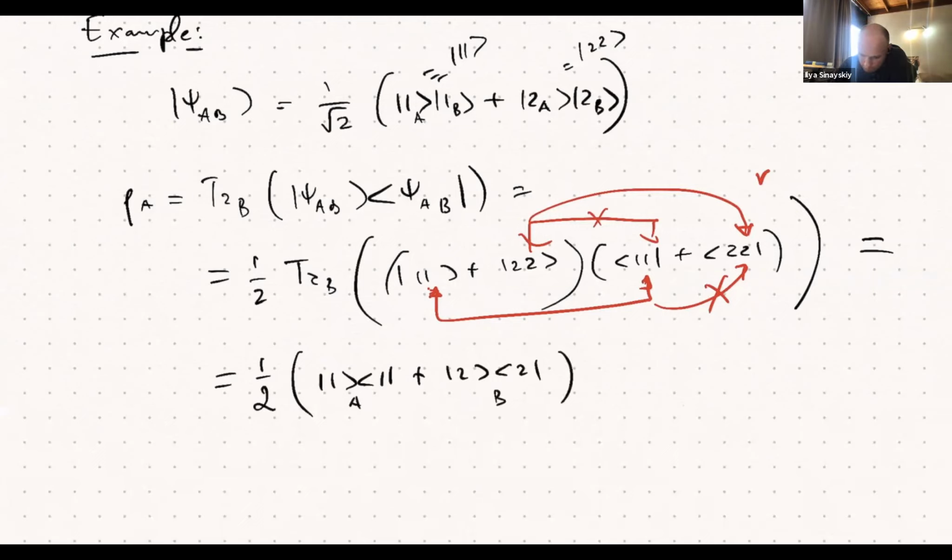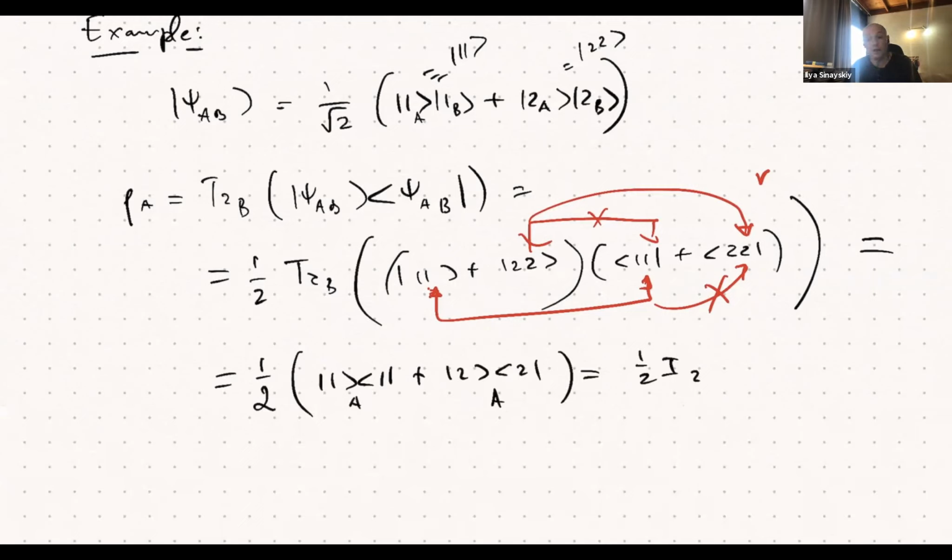To A, sorry. So what are we getting? We're getting just 1/2 of the identity matrix. That's the operation which happens, and you can also demonstrate it experimentally, for example, with linear optics and in many other settings: if you take a highly entangled state, but you trace out or you ignore half of your system, what will be your description?